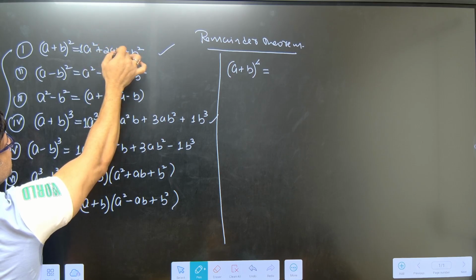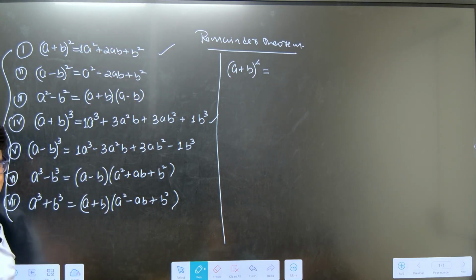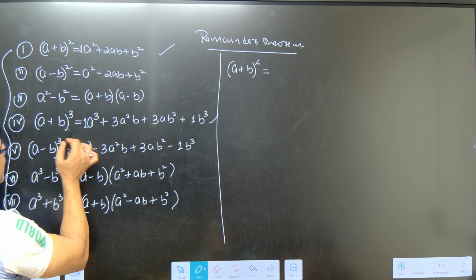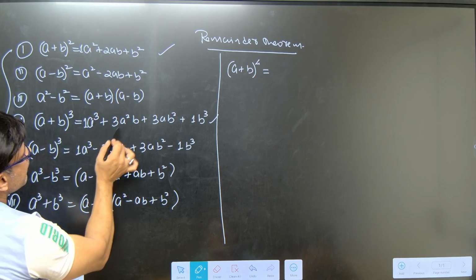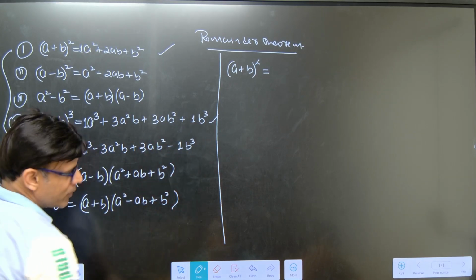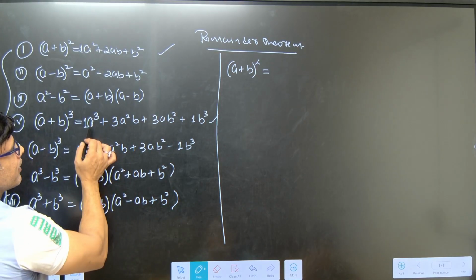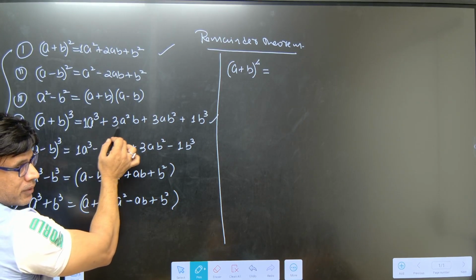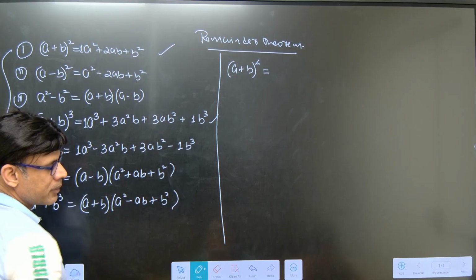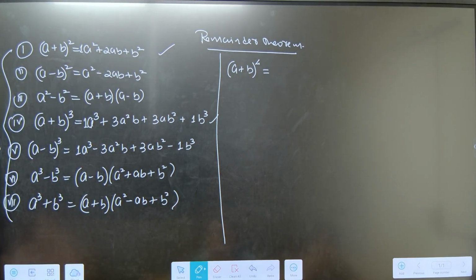B raised to power 0, b raised to power 1, b square. See this, a plus b whole cube. A cube, a square, a raised to power 1, a is gone. B raised to power 0, b raised to power 1, b square, b cube. So a and b alternate, right?